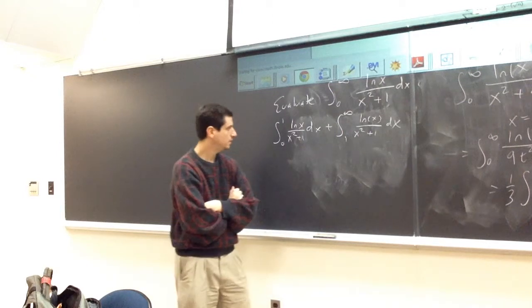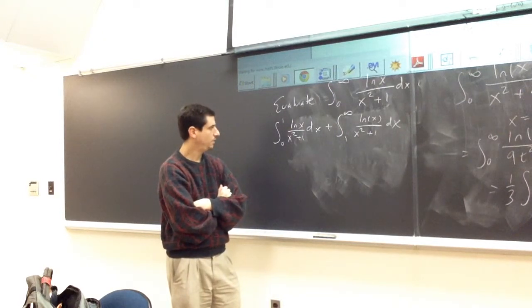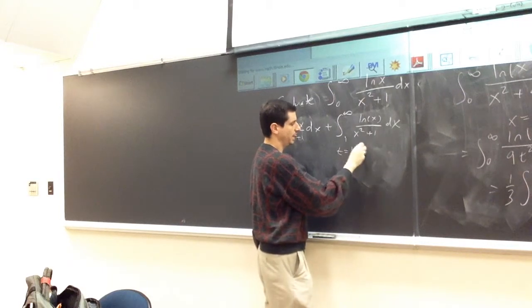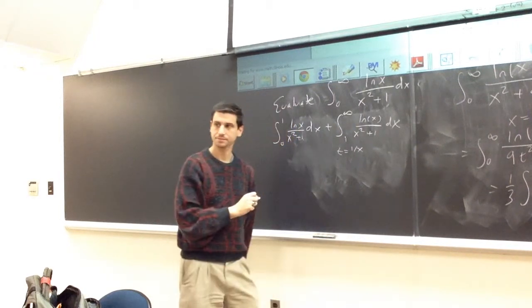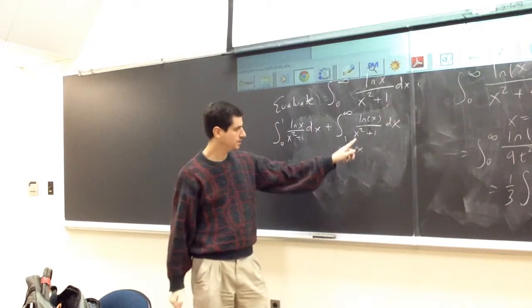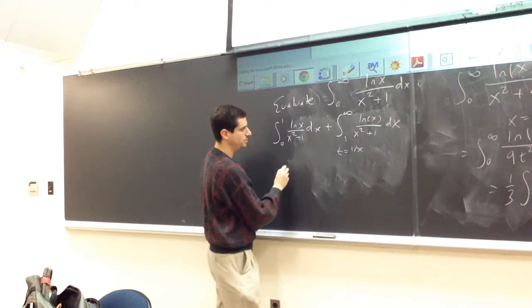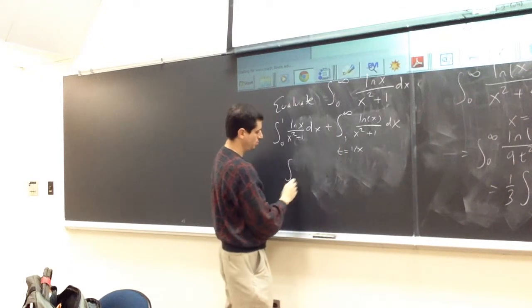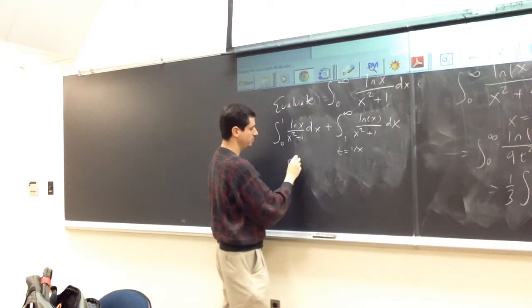0 to 1. All right, so if we want to do things from 0 to 1, we could let t equal 1 over x. And then this second one becomes the integral, when x is 1, we have 1. When x goes to infinity, this goes to 0.